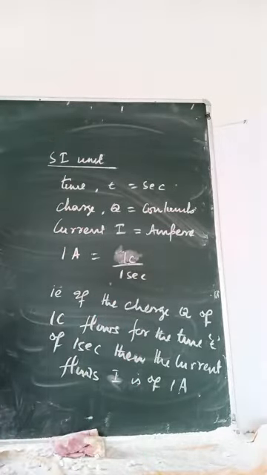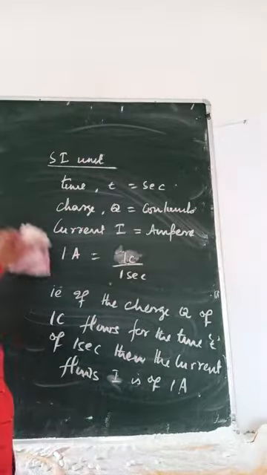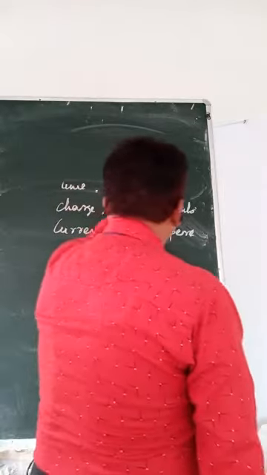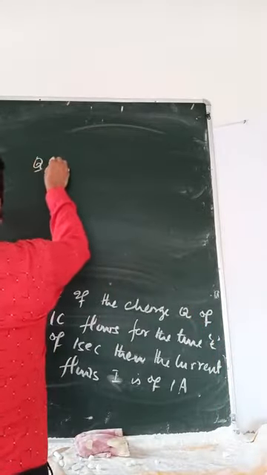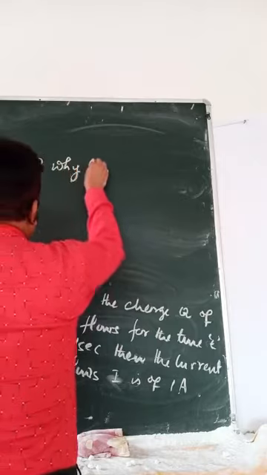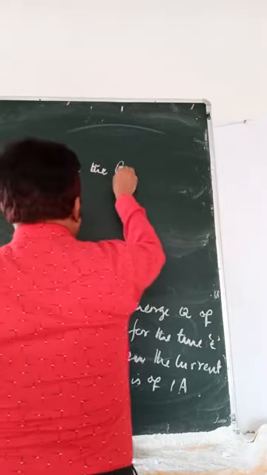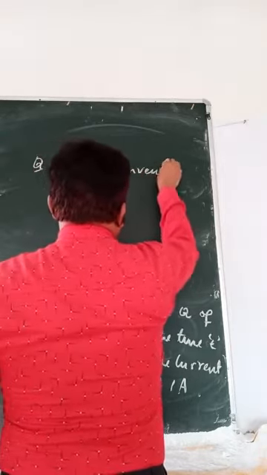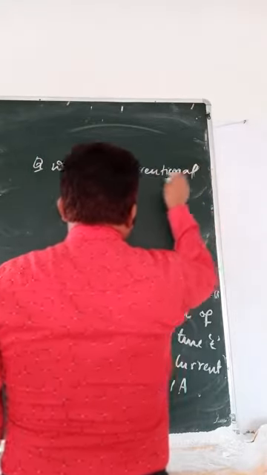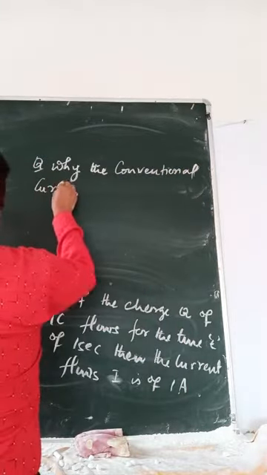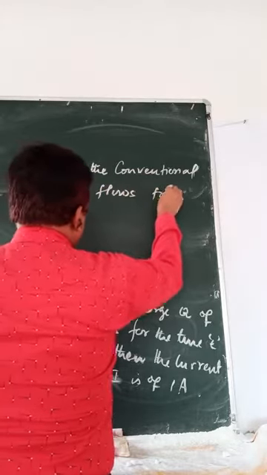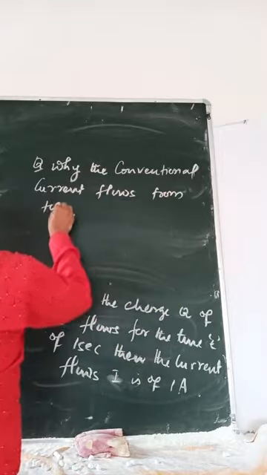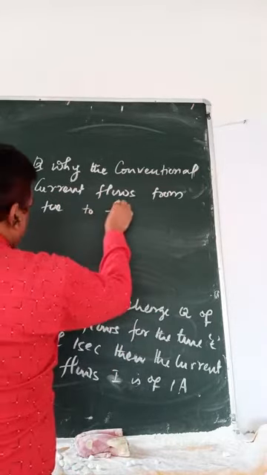Okay, now the question that can be asked is: why does the conventional current flow from positive to negative terminal?